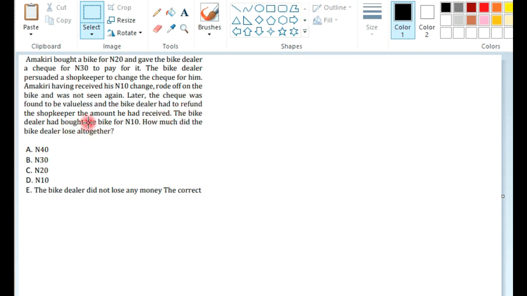The bike dealer bought the bike for 10, and then he was given a check of 30, which was valueless, so this value does not apply.